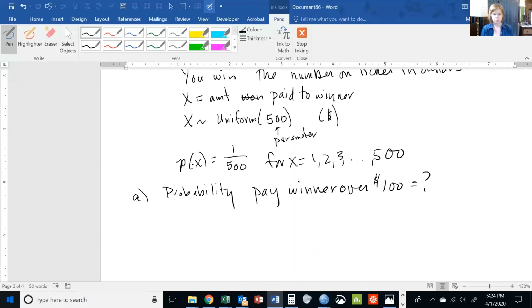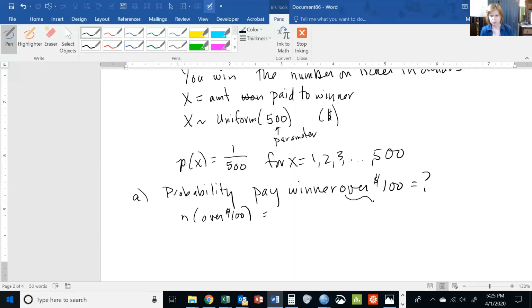From our rule about uniform distributions, we count how many outcomes are over $100.